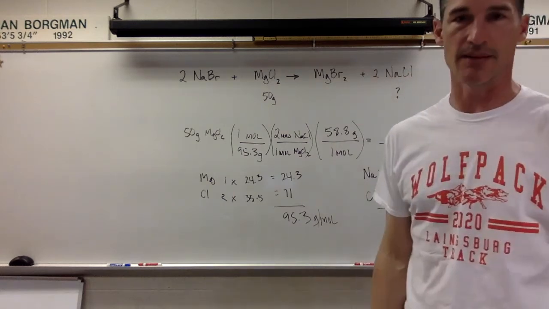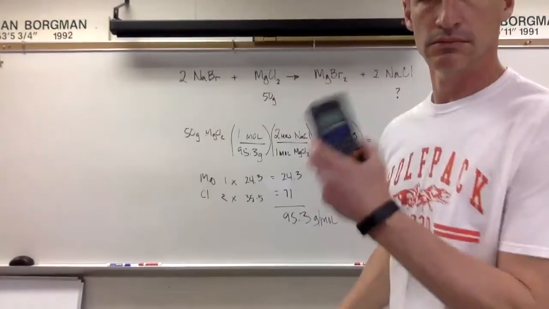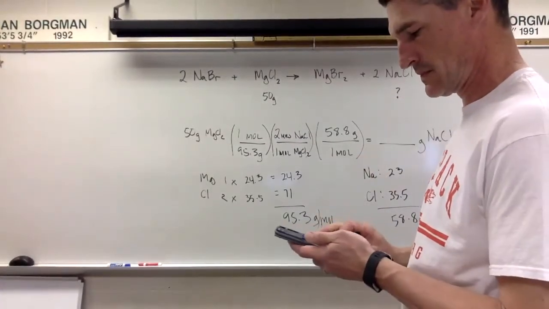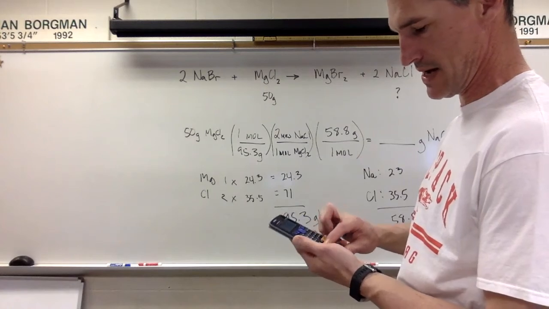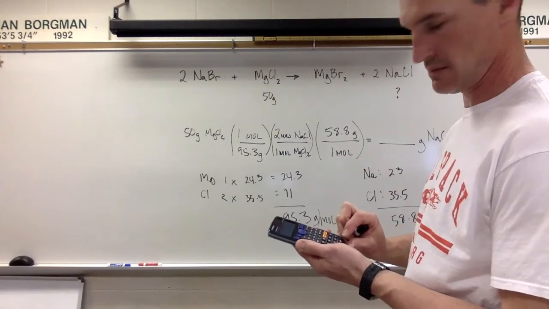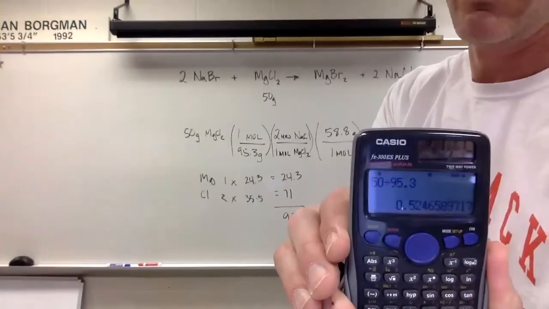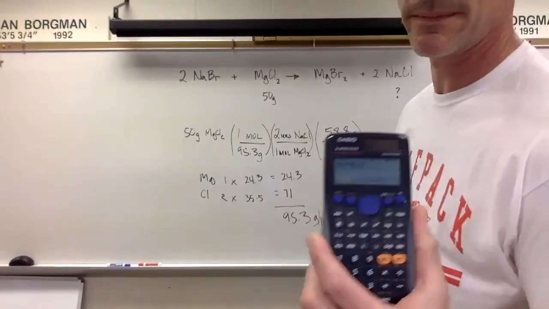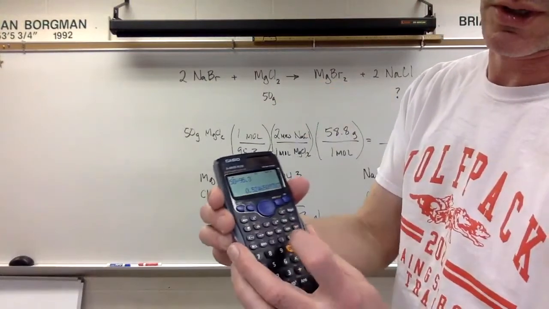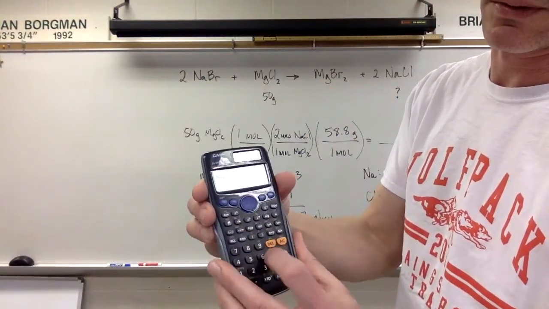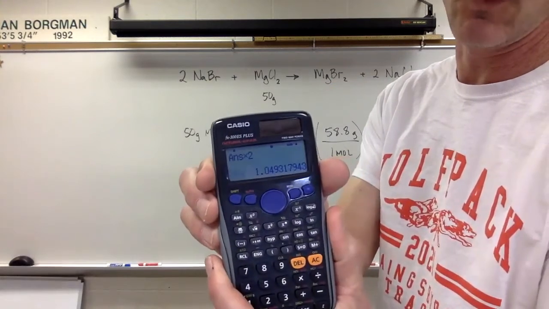Okay, I've done all my setups. Now let's grab a calculator and bang it out. 50 grams divided by 95.3. Enter. I got like 0.52 something. I'm going to leave that in the calculator. Now I've got 2 over 1, so I'm going to multiply this times 2. I now have 1.043.